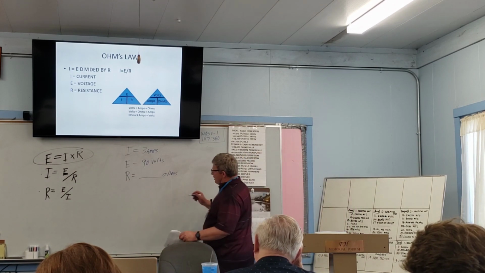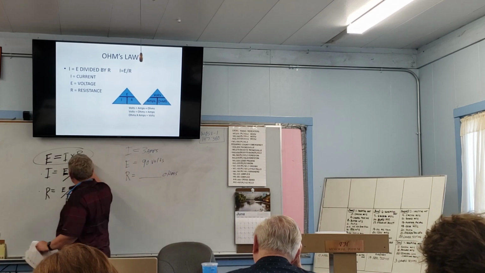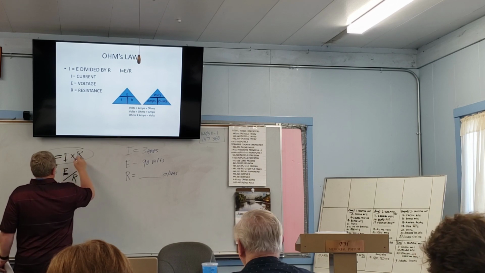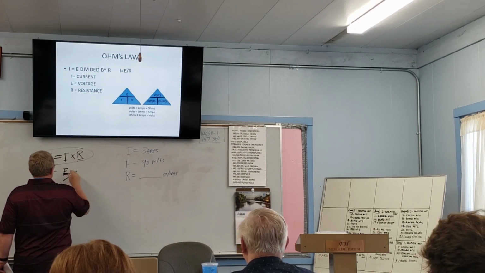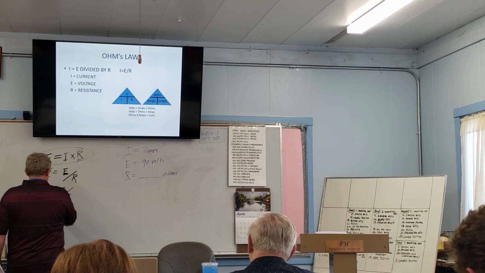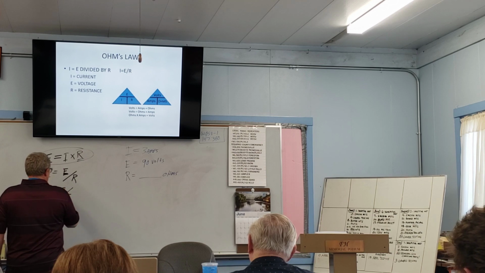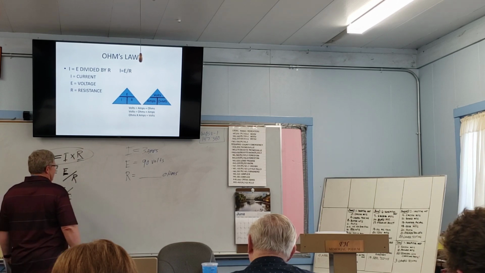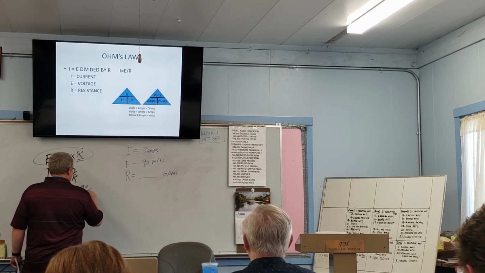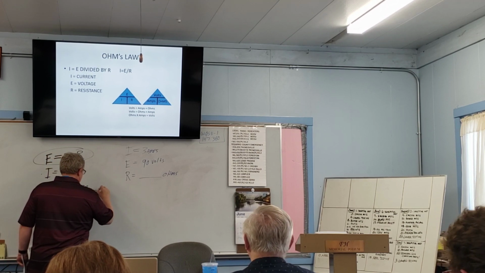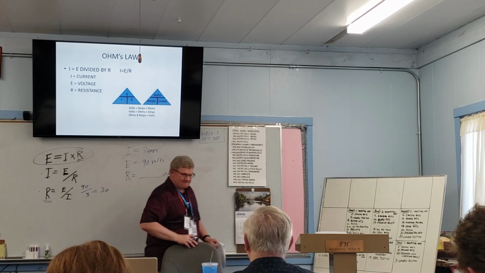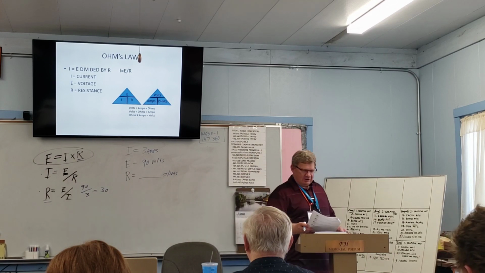So we're trying to solve for R, right? So that equals E divided by I. E is 90, divided by 3, equals 30. Does that make sense? 30 ohms.